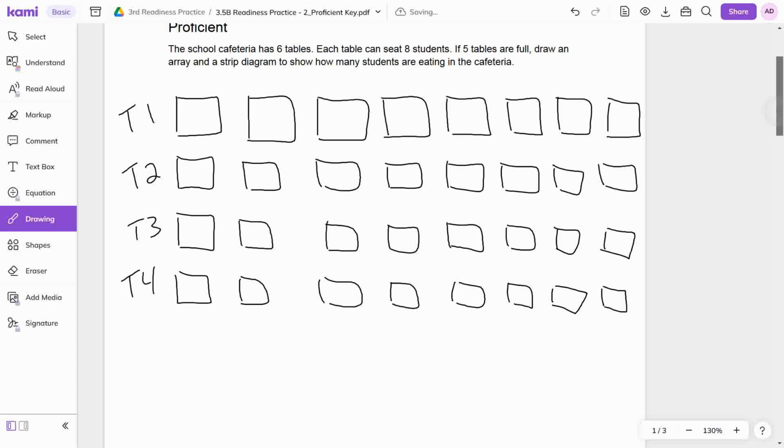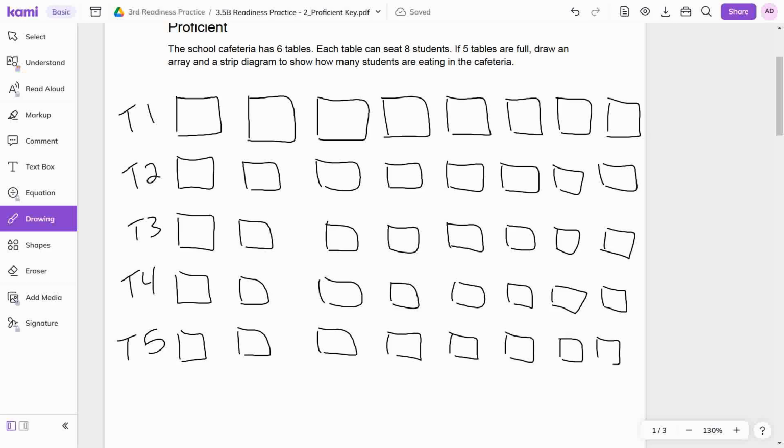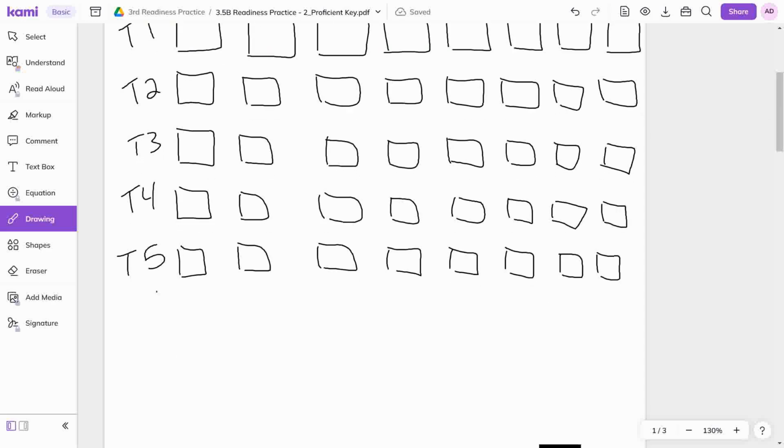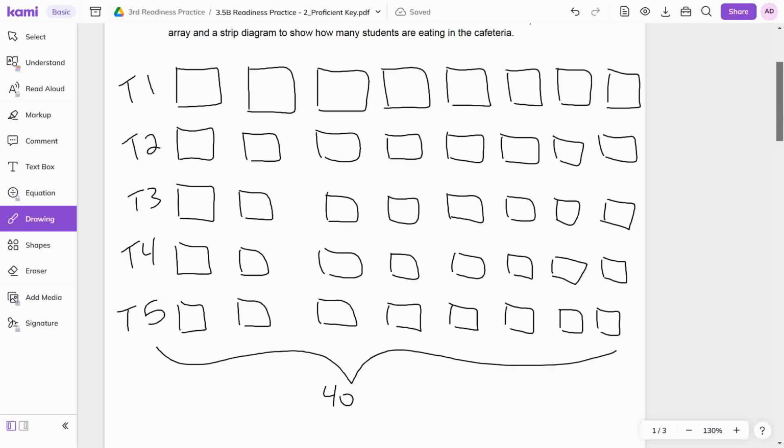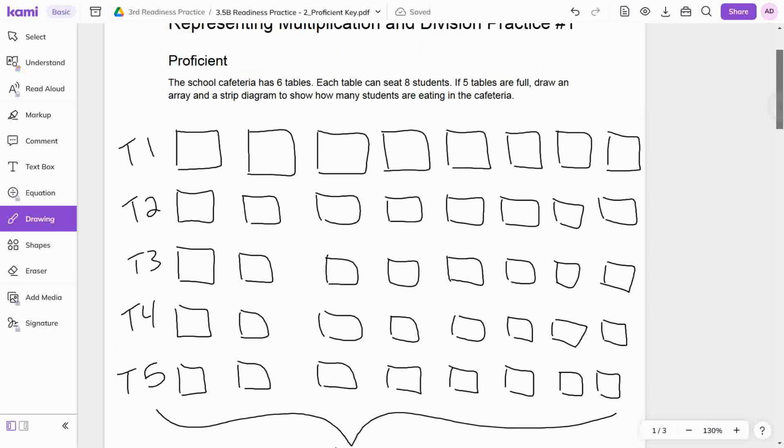And then I will have my 5th row, which represents my 5th table. And here is my array. And I've got 8, 16, 24, 32, 40. So this shows me that I've got 40 students, right, sitting at these tables. So I don't need that 6th table because there's no one sitting at that table.